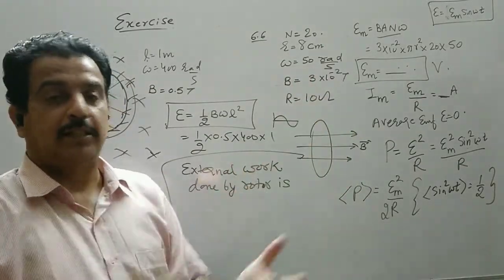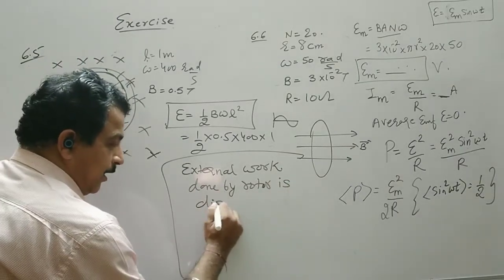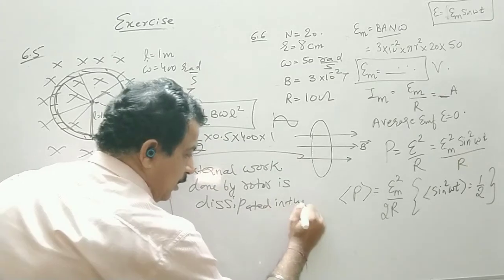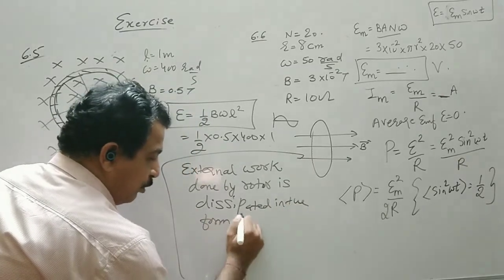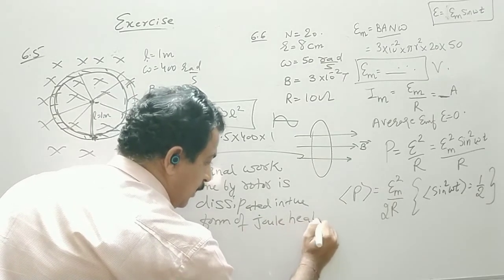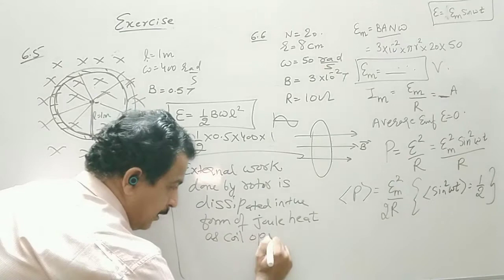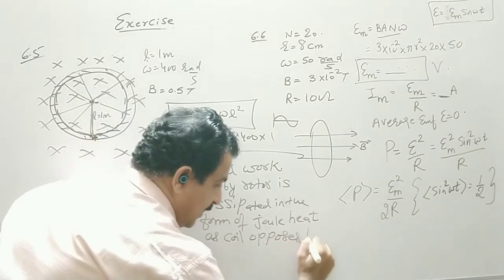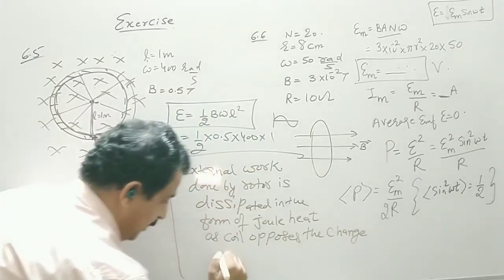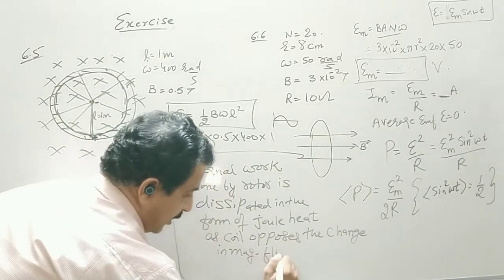So whatever external work is done by the rotor is dissipated in the form of Joule heat, as the coil opposes the change in magnetic flux.